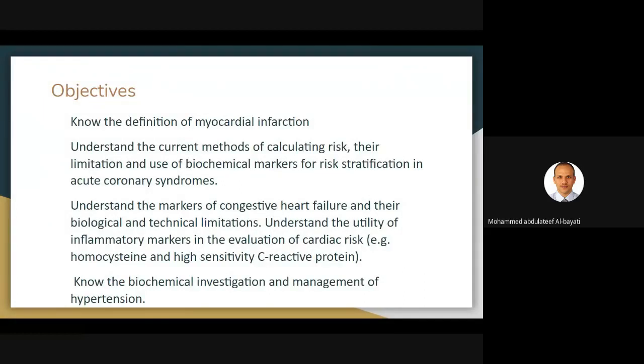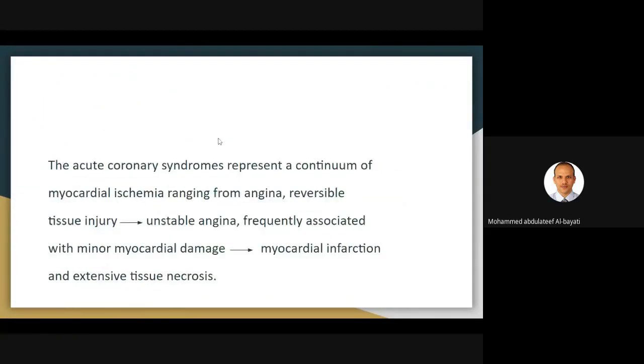So this was about the objectives. To define myocardial infarction or acute coronary syndromes, which is a continuum, a spectrum of disorders all called acute coronary syndromes.